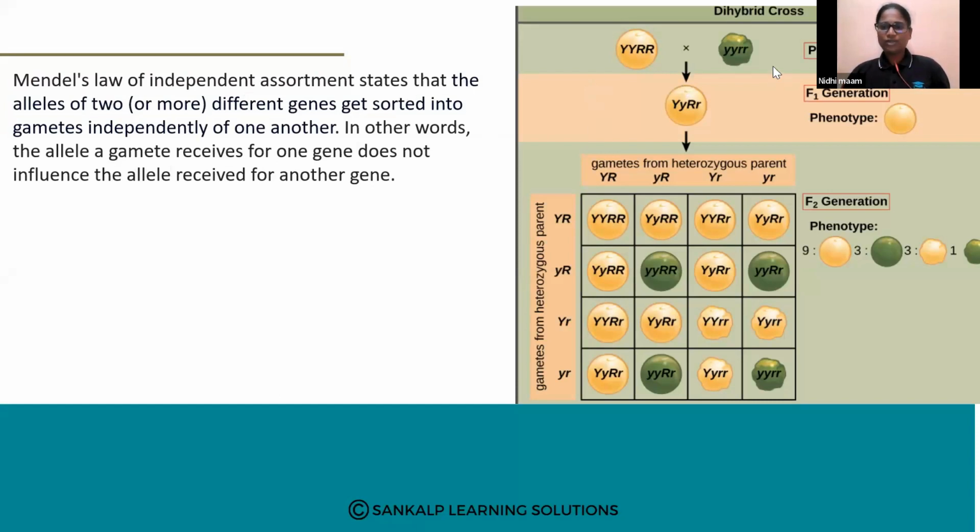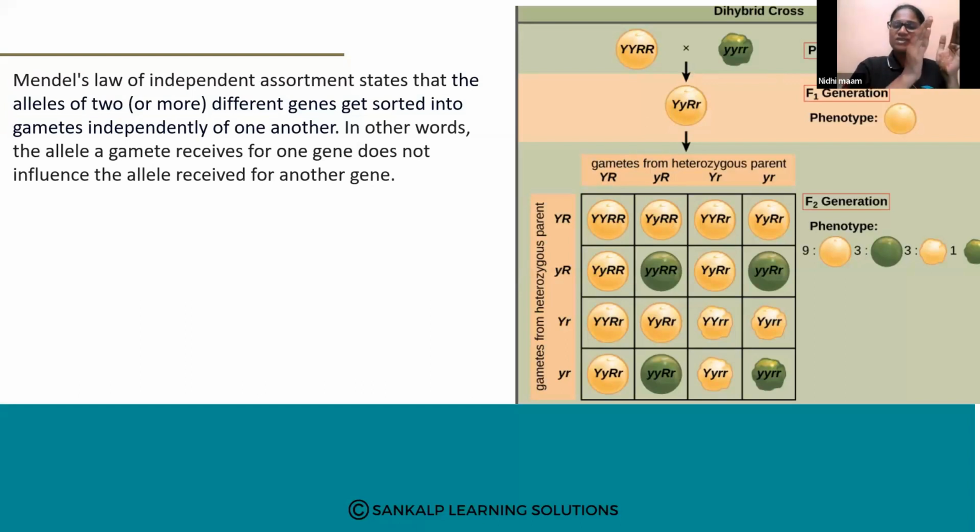So ಇಲ್ಲಿ ನೋಡಿ, yellow and round seeds are taken, green and wrinkled seeds are taken. And in the progeny, that is in the F1 generation, we got yellow and round seeds. Next, in the F2 generation, we got yellow and round seeds, green and round seeds, yellow and wrinkled seeds, green and wrinkled seeds. So new characters bantu, old characters bantu. ಇದರಿಂದ ನಮಗೇನು ಗೊತ್ತಾಯ್ತು?